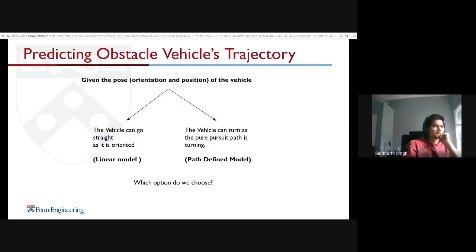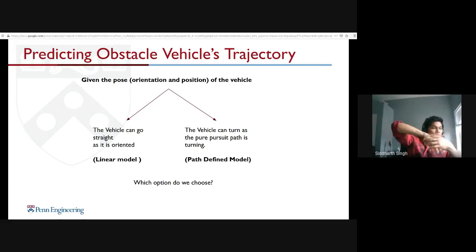But if we are just talking about the racetrack, and say the pure pursuit path is here and my vehicle is here, do you think that it would, should we assume that it will immediately start turning? Should it take some time and then start turning?